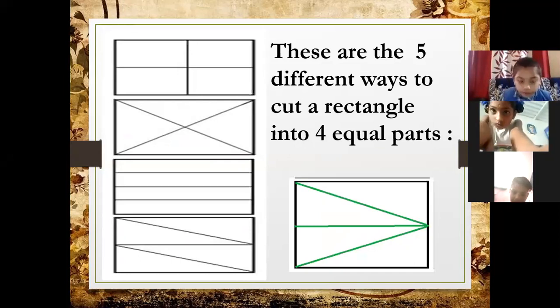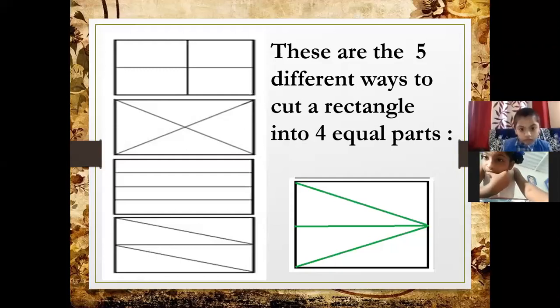This is a rectangle. Make half of this, make half of this. That means you will get 4 equal portions. Draw a diagonal. So you are getting 4 equal portions. Rectangle is given. Trisect the line. 1, 2, so 1, 2, 3, 4.